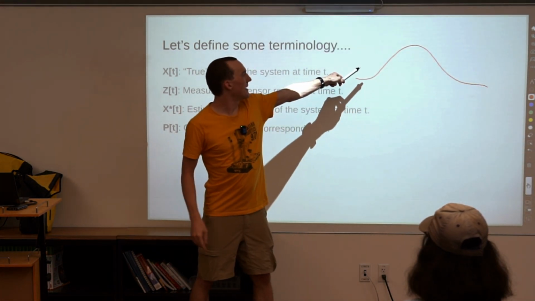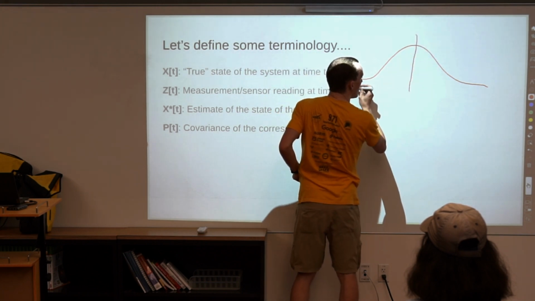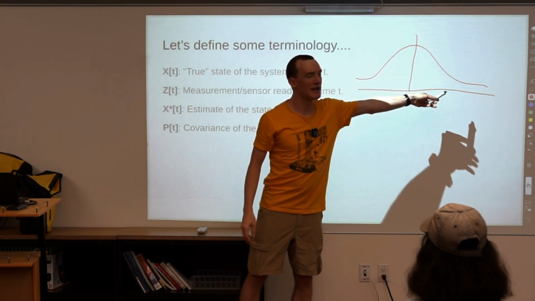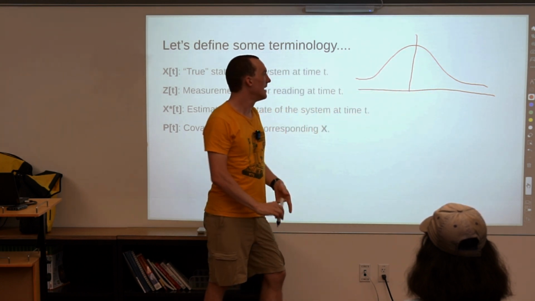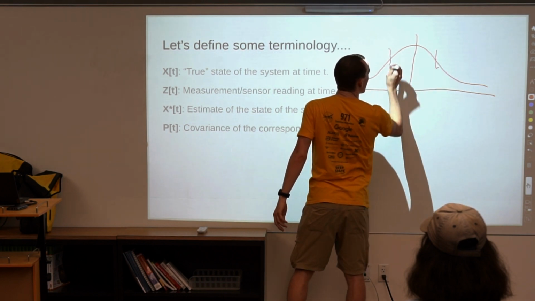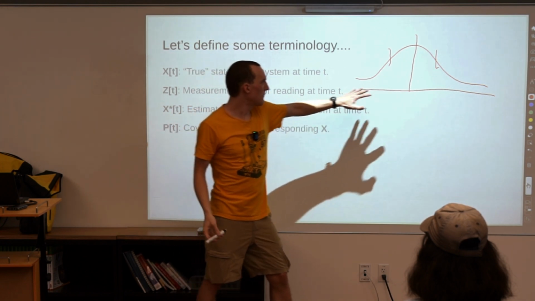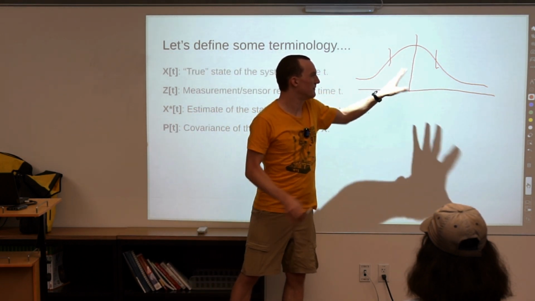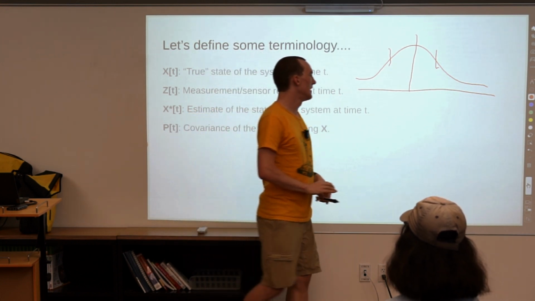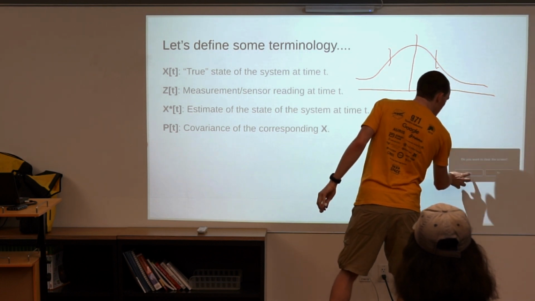If you have zero error, that's the most likely case, and then the odds of having large error drops off as you get farther away, and one standard deviation corresponds to generally about here-ish, where the most likely two-thirds of error will fall within one standard deviation of your actual value.